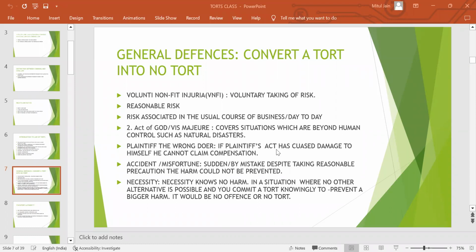Act of God, vis major. Second is act of God or vis major.